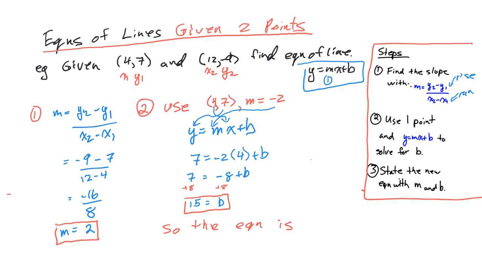So y equals, instead of m, you're going to put negative 2, and then x plus 15. And there we have our solution.